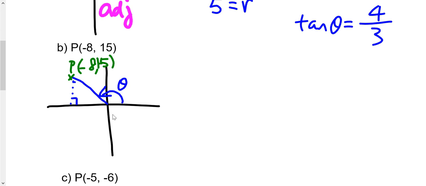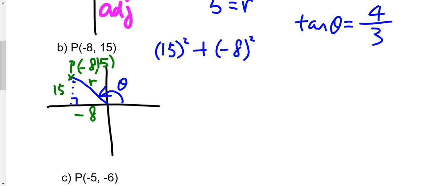And if you look at this, -8 and then 15. So that means this is R. Just like the last question, let's figure out R first by using the Pythagorean theorem. It doesn't matter which one you look at. 15 squared plus -8 squared equals R squared.